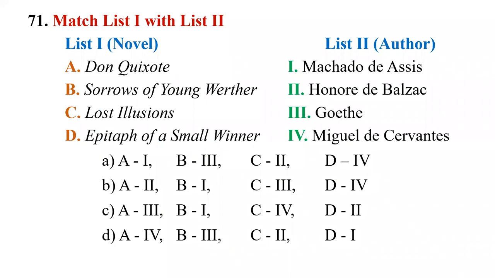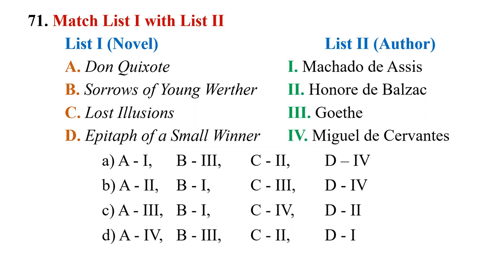So match list one with list 2. List 1 novels, list 2 author. Under list 1 we have A, Don Quixote, against which we have 1, Machado de Assis. Then B, Sorrows of Young Werther, against which we have 2, Honoré de Balzac.